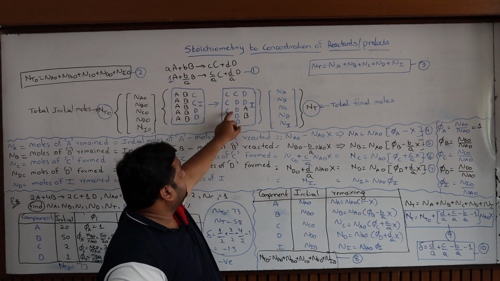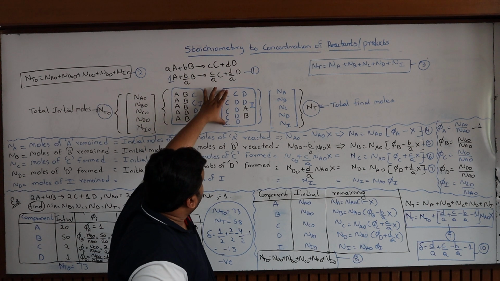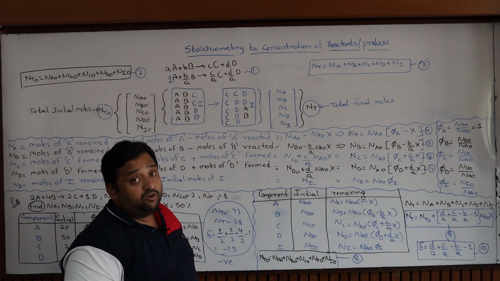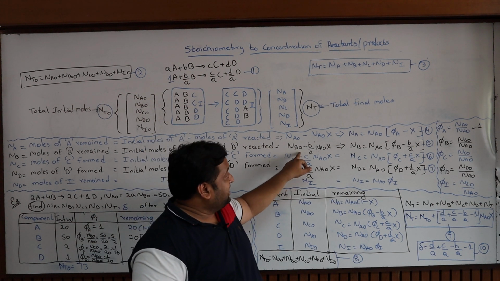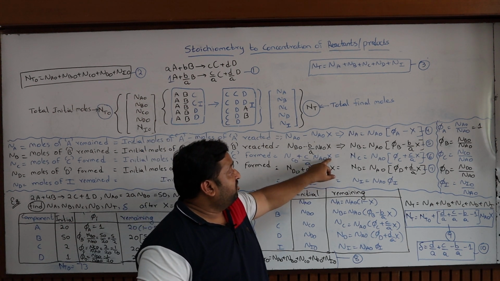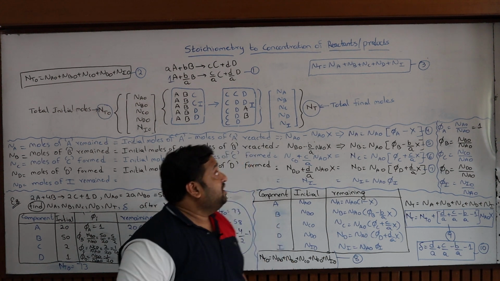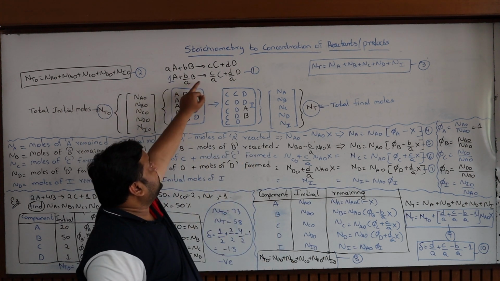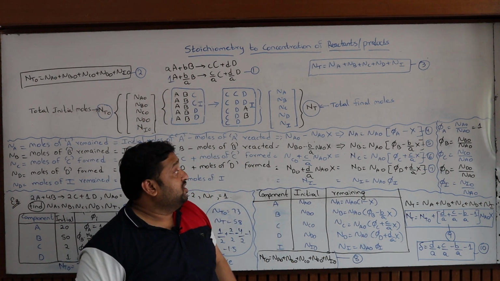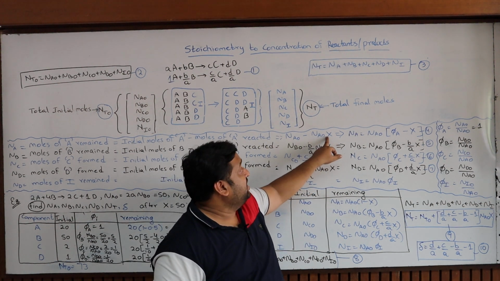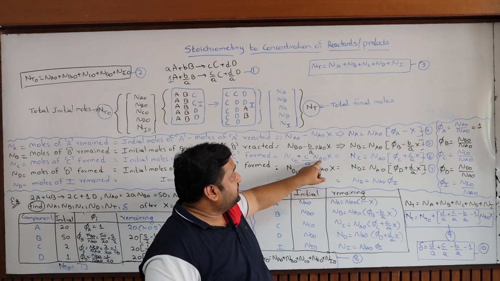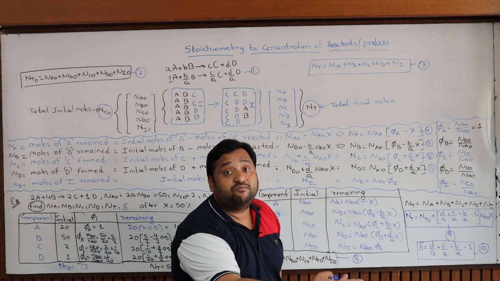That is Nc0, the initial moles, plus C by A times Na0 into X. Why does C by A come? Because for every 1 mole of A, C by A moles of C will form. So if this is the amount of A that is getting reacted, C by A times this many moles of C will form.